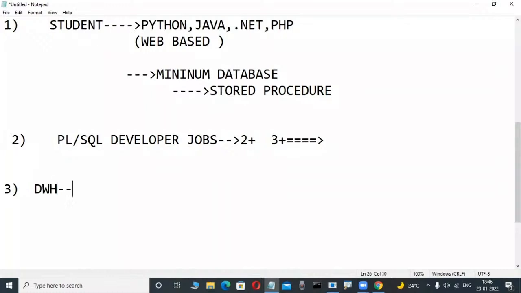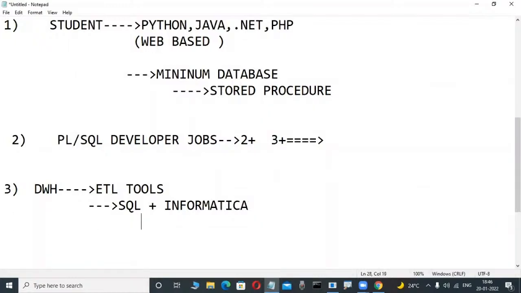In that, there are ETL programmers and reporting programmers. ETL means extraction, transformation, and loading tools. These persons need a little bit of SQL knowledge. PLSQL is not required. Then they learn tools in institutes also. Informatica is a very popular tool.